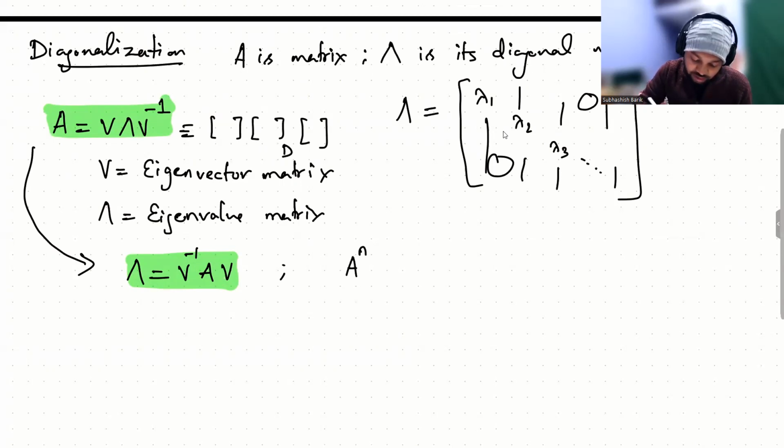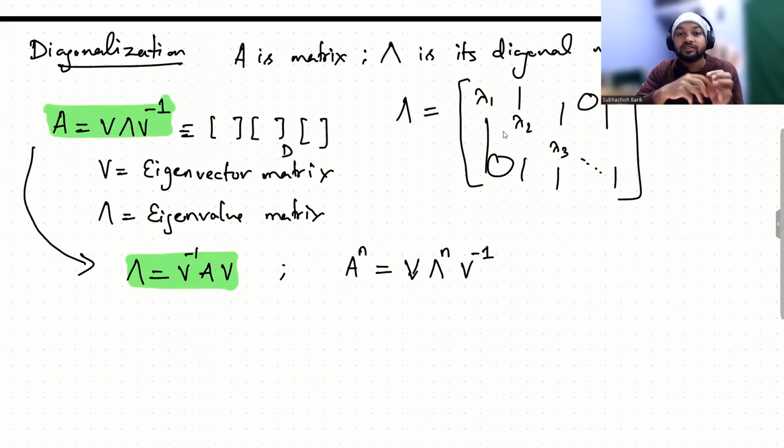Suppose you want to calculate the nth power of A. Let's say this matrix is evolving in a way that you want to know the second power of A, or third power of A, or fourth power, or nth power of A. Then you would see that the eigenvectors don't change.